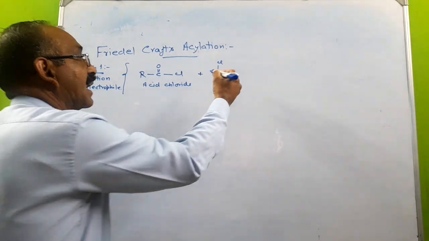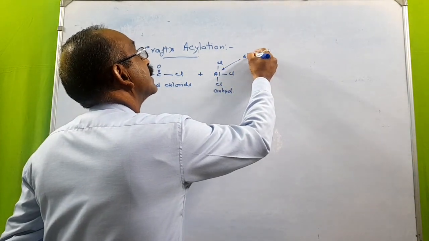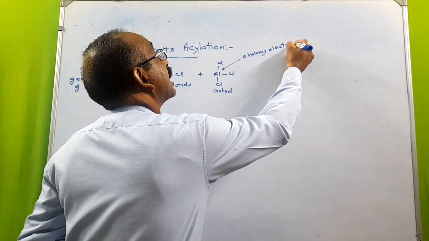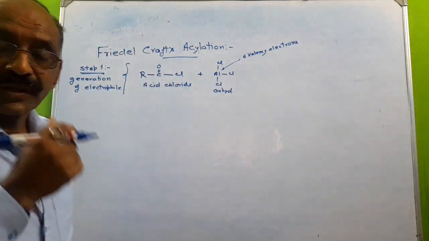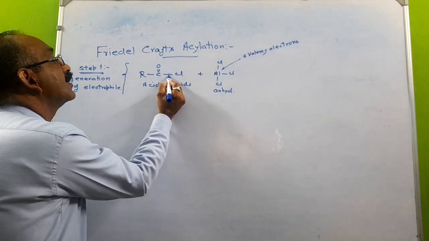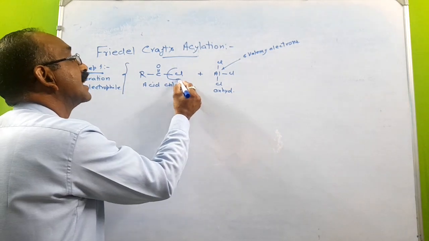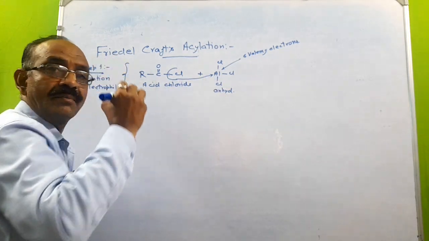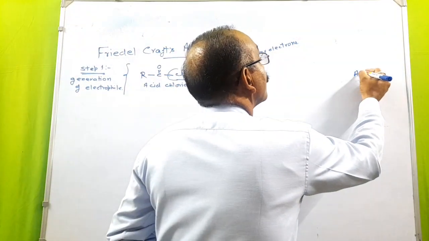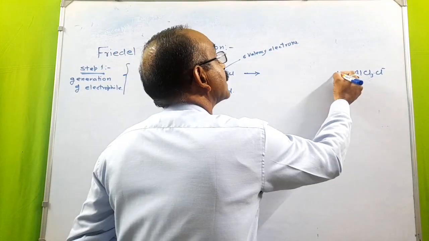See what happens here. In anhydrous AlCl3, the aluminium is having 6 valence electrons, meaning there's a deficiency of 2 electrons. So in order to compensate the deficiency of the aluminium, the carbon chlorine bond breaking occurs, the Cl sets free from here as Cl minus and combines to the AlCl3, and we get AlCl4 minus.